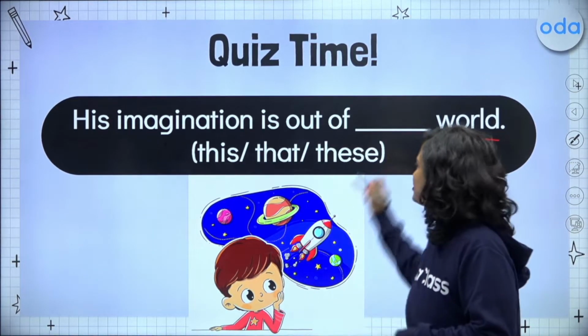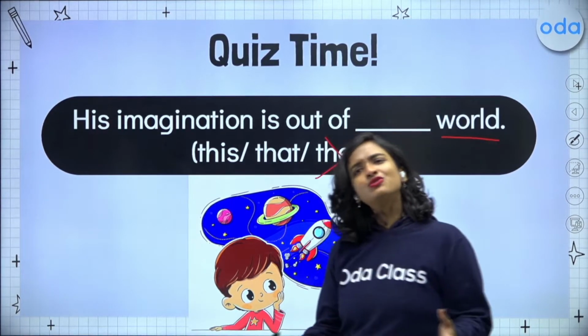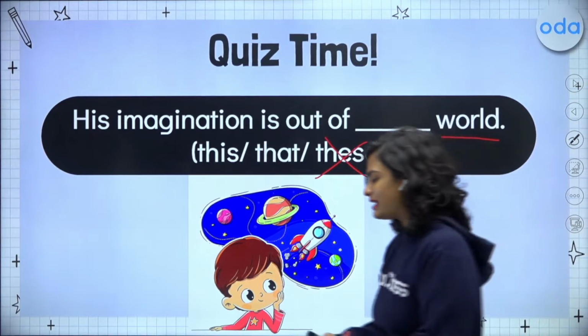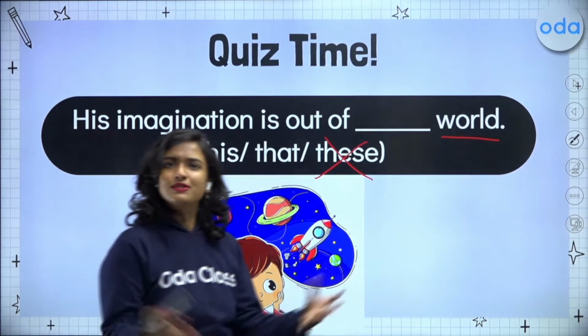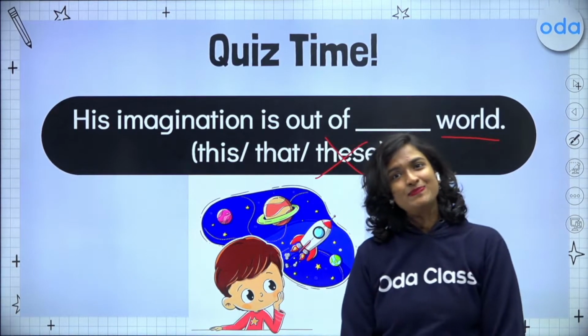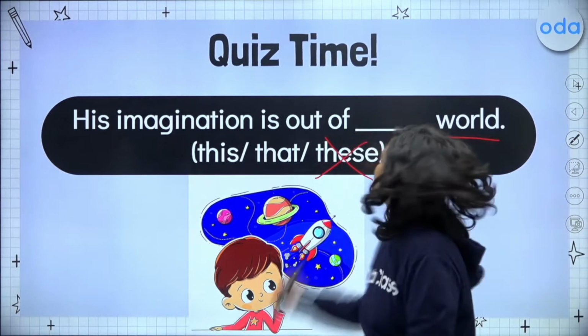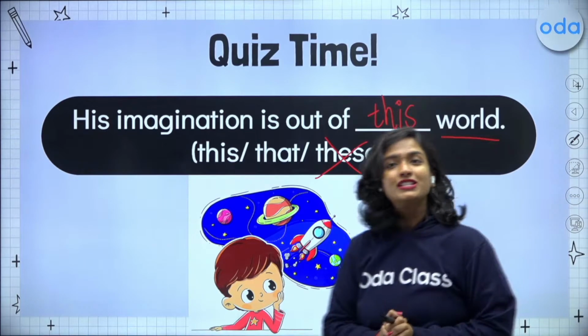So we can already rule out this demonstrative these. And then students, as far as the world goes, right, we only know of one world. So when we are talking about it, we are in the world, which means it is near us, correct? And that is why, students, I will be using the demonstrative this in this question.